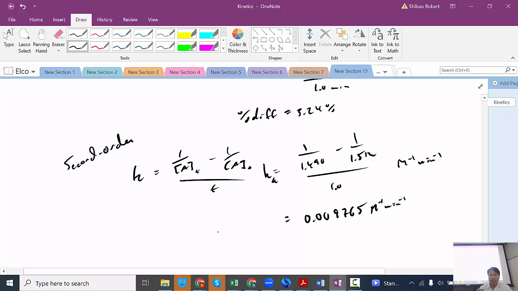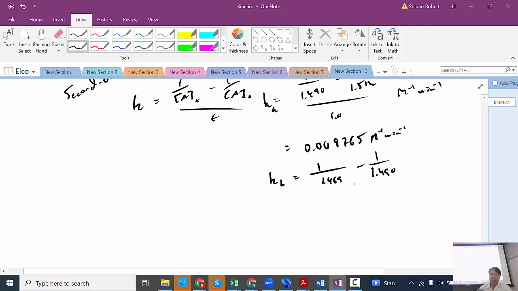All right, let's do KB, which will be 1 over 1.469 minus 1 over 1.490, just our ending and our starting point over this 1 minute interval. And what do we get here? Oh, I see what I did wrong.